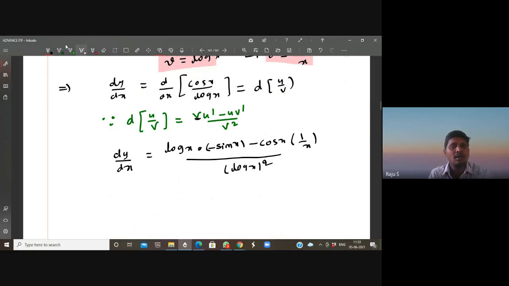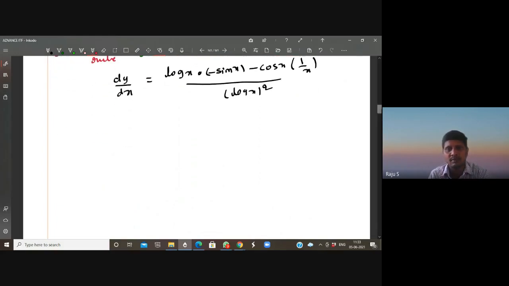You have to write one step here, like I wrote the direct formula: therefore, by division rule or quotient rule, then you can write that formula. Let's simplify here.